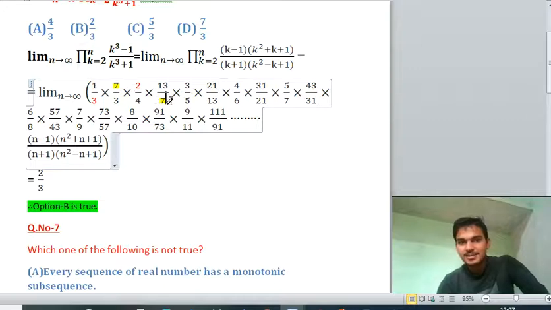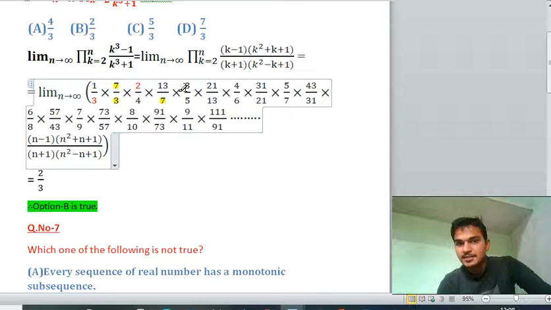So they are cancelled, and then you will see 3. You will find where 3 is: 3 is here as a denominator, so you have to find numerator 3. Move one step, two steps, three steps.